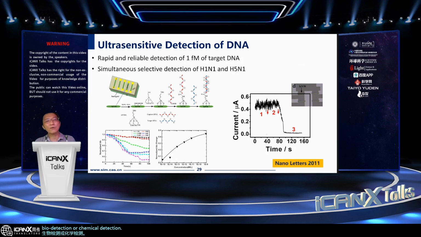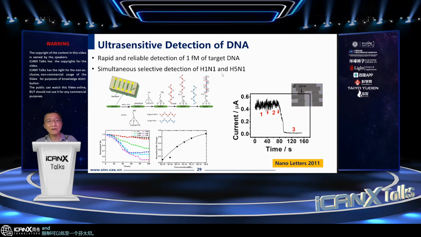Here is our first example. We use it to detect DNA. We modify the surface with APTES, and then we use it to detect the target DNA, and we find that the detection limit can be as low as 1 femtomole.